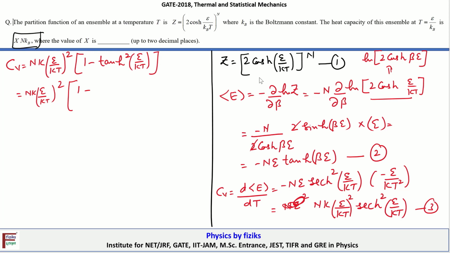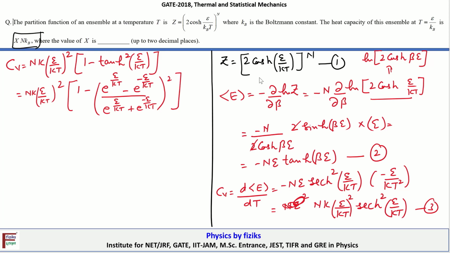I'm going to write tanh in terms of sinh divided by cosh, and then rewrite it in terms of equivalent exponential functions. So this is equal to the square of [exp(E/kT) minus exp(-E/kT)] divided by [exp(E/kT) plus exp(-E/kT)].